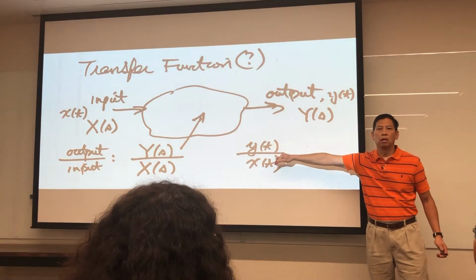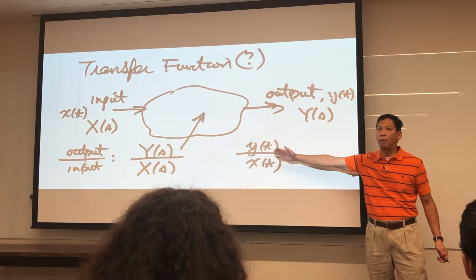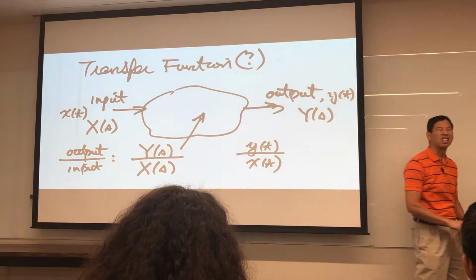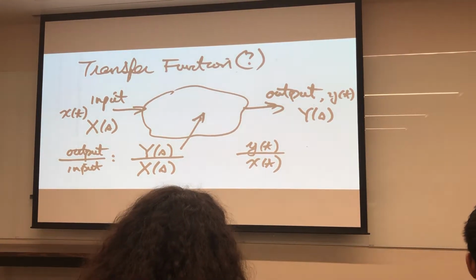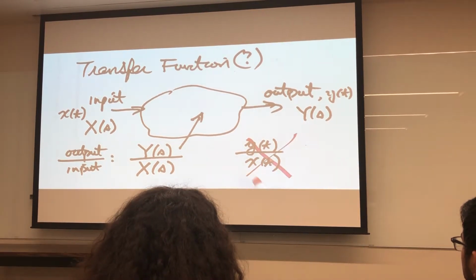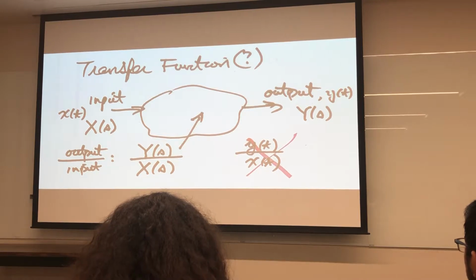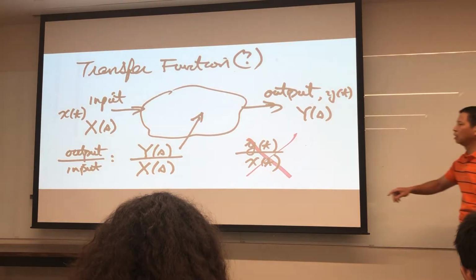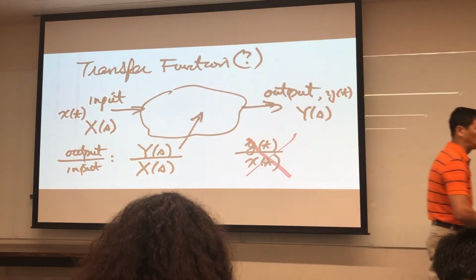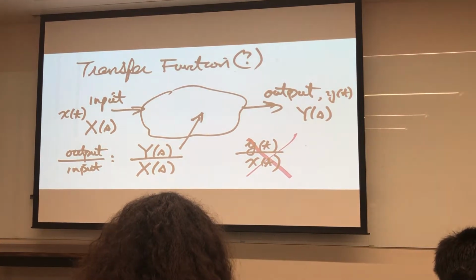It is a ratio of output over input, but it's a ratio in time. And the transfer function is not a time domain concept. So don't do this. It is not a ratio in time. It is a ratio in the transform domain, the S domain. We also call it the frequency domain. Those are all synonymous words.